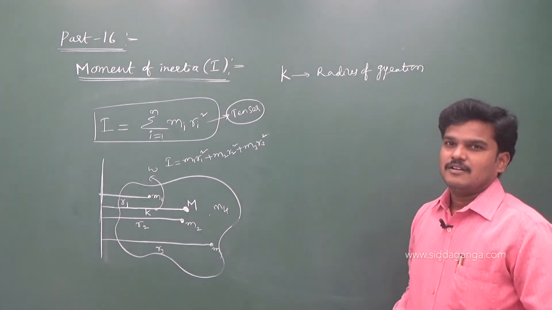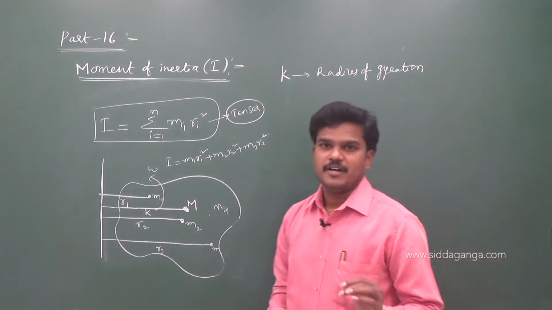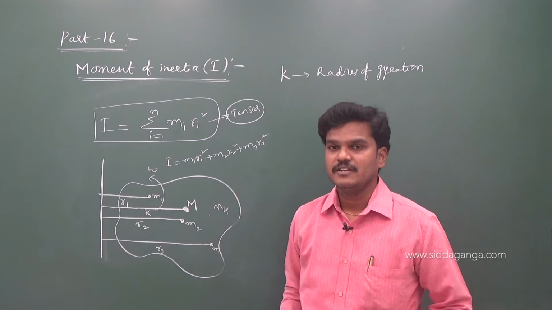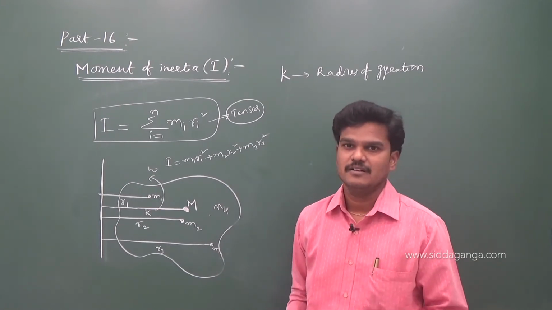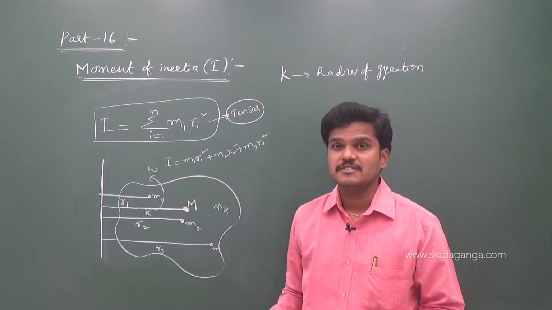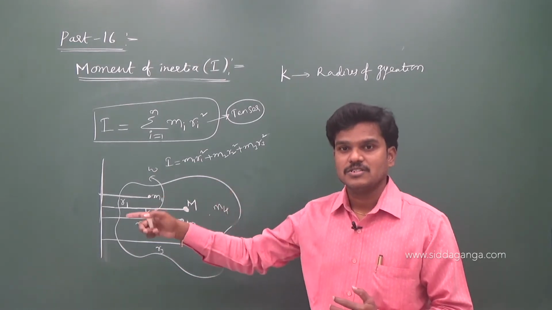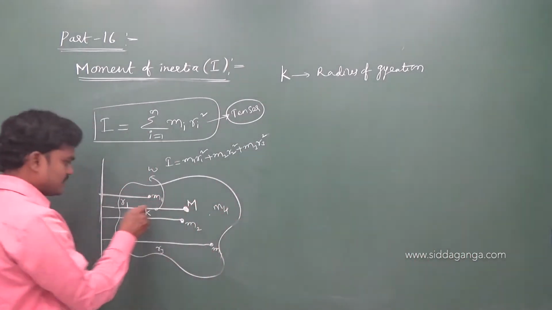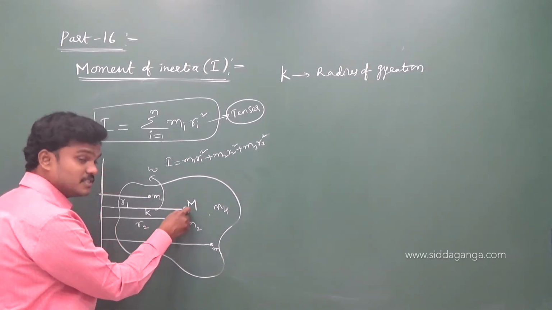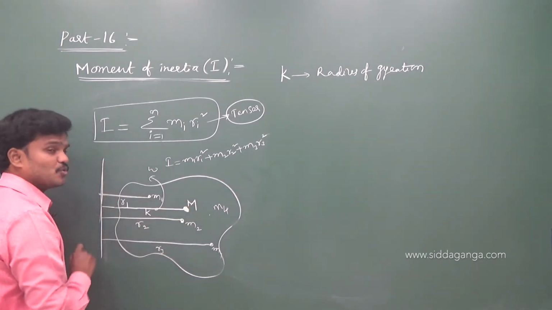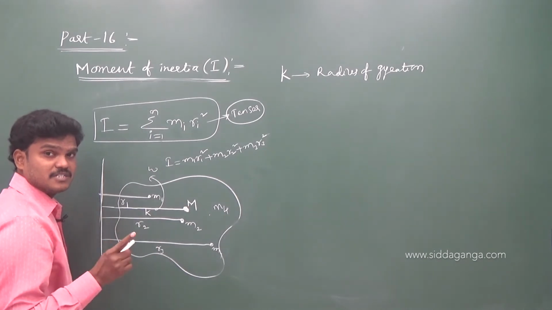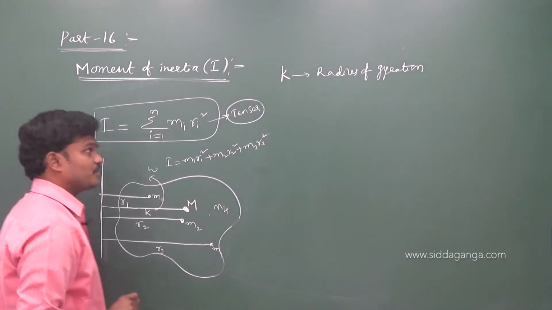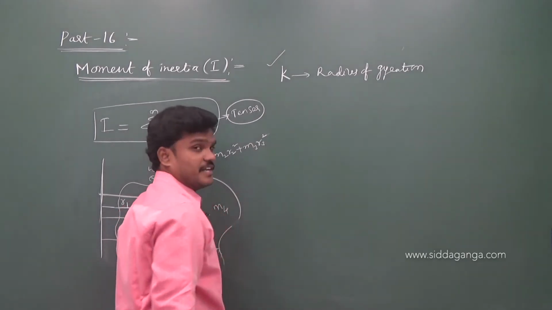So whenever a rigid body is rotating around a fixed axis of rotation, if the total mass of the body is supposed to be concentrated at a point, then the perpendicular distance between that concentrated mass and the axis of rotation we can call the radius of gyration.